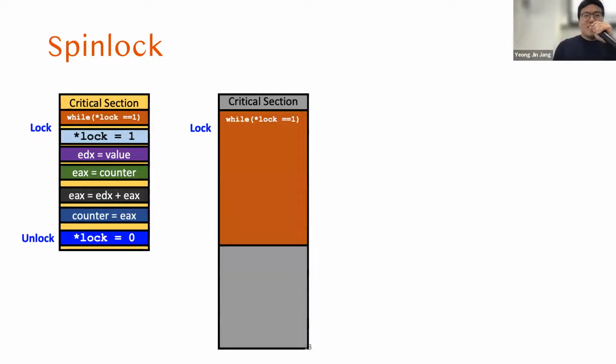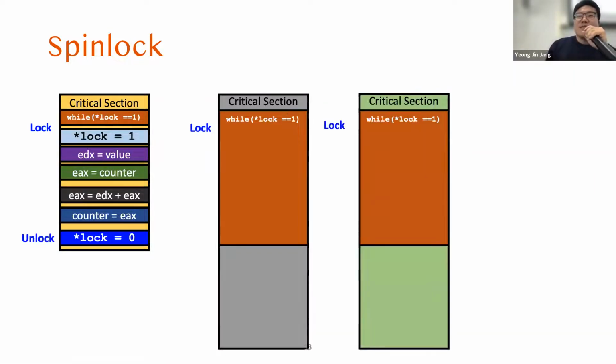Then suppose we have a thread 2, and after thread 1 got in and set the lock value to 1, this thread will observe lock value as 1, so it will stay in the while loop again and again. And suppose another thread 3 comes in, then because thread 1 set the lock value to 1, it will also wait in the while loop.